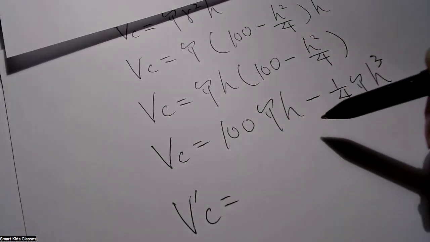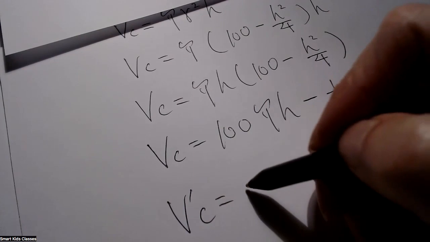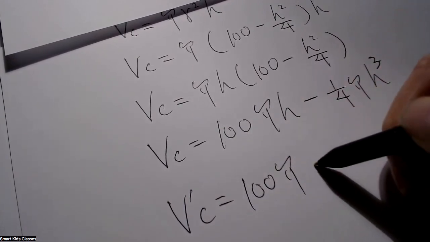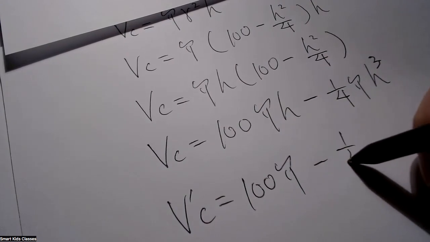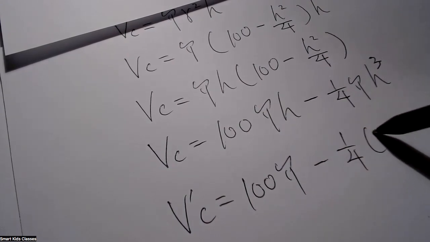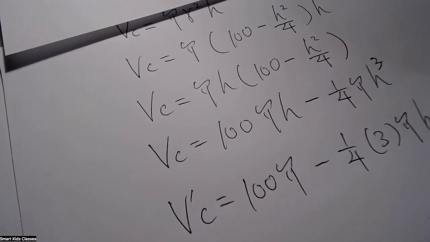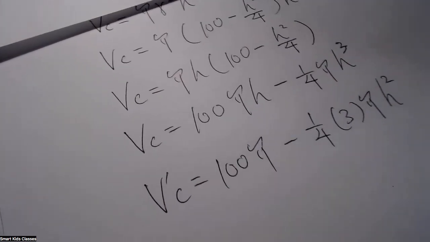The first term is going to be 100 pi. The second term is going to be 1 over 4 times 3 pi h squared.